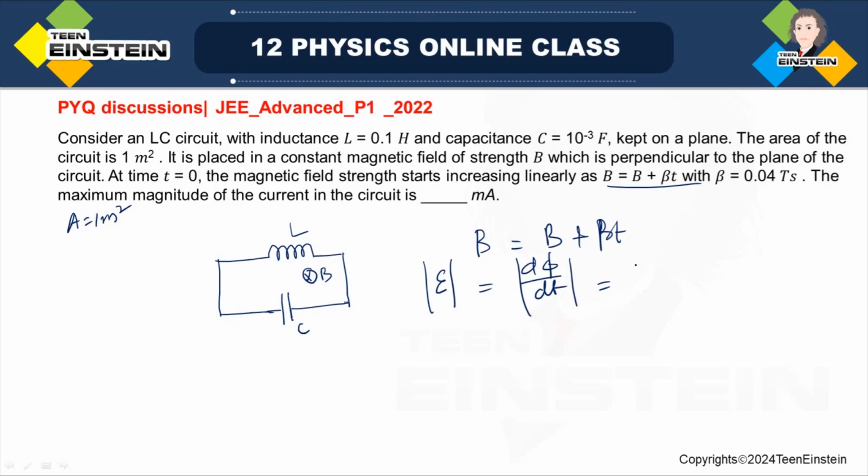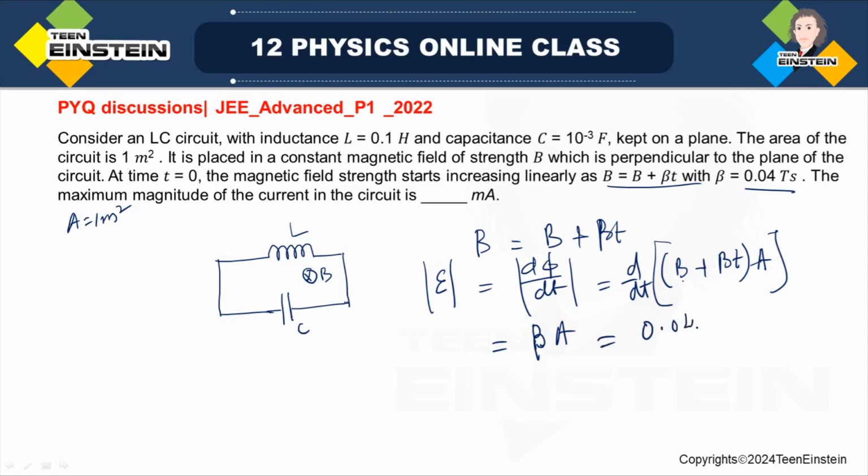B into A. Okay, I can write d by dt of (B0 plus beta into t) whole into A. This is actually the EMF, and this area is a constant term, therefore I'll get beta into A, and the value of beta is given here. A is 1 meter square and beta is given this much, so I will get ultimately 0.04 volt.